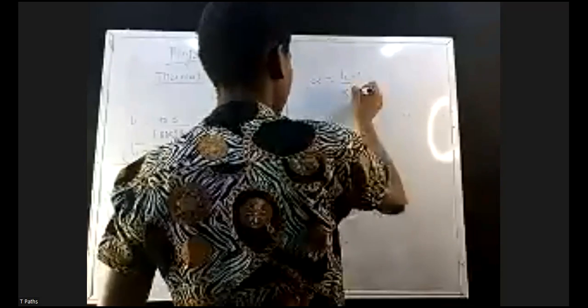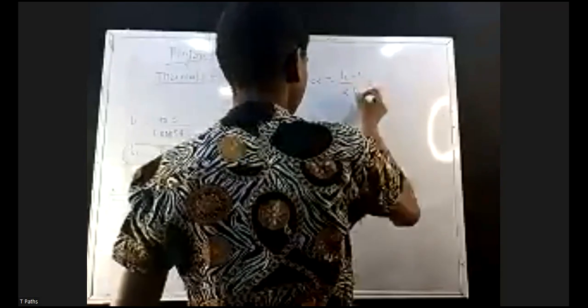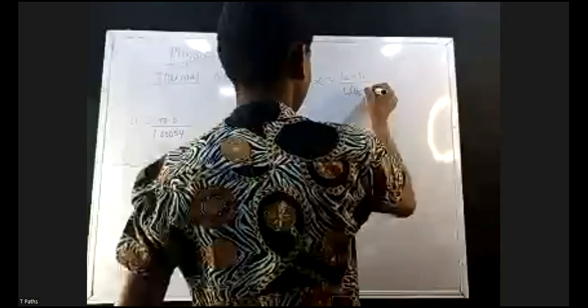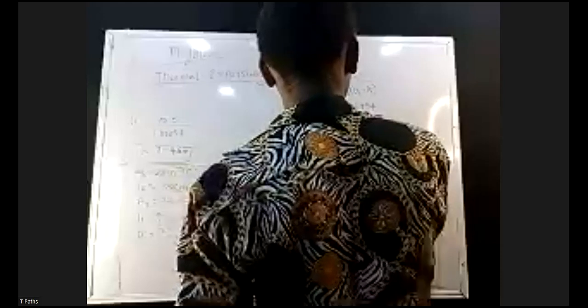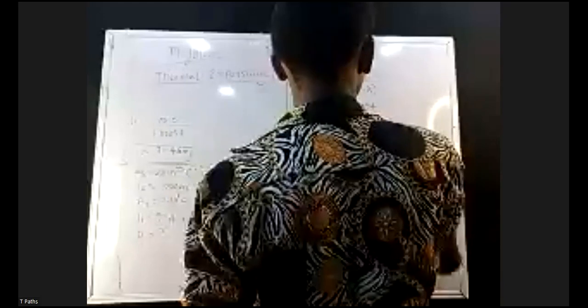I'm going to continue on this side. It says alpha equals L2 minus L1 over L1 times theta 2 minus theta 1. So alpha, L2 is 1 minus 0.994 over 0.994 times theta 2, which is 200, minus theta 1, which is what I'm looking for.